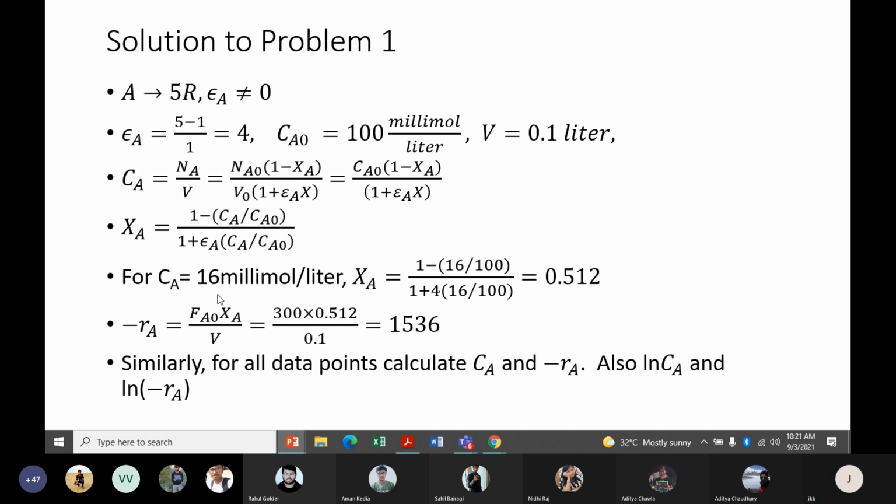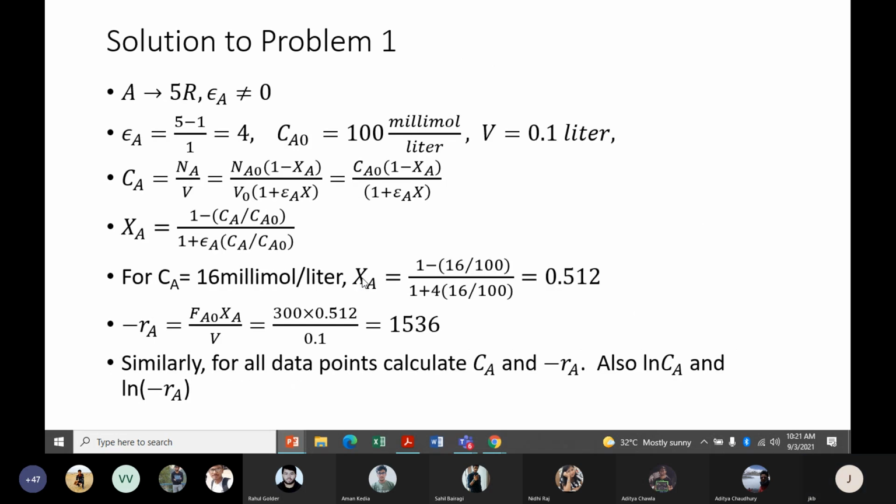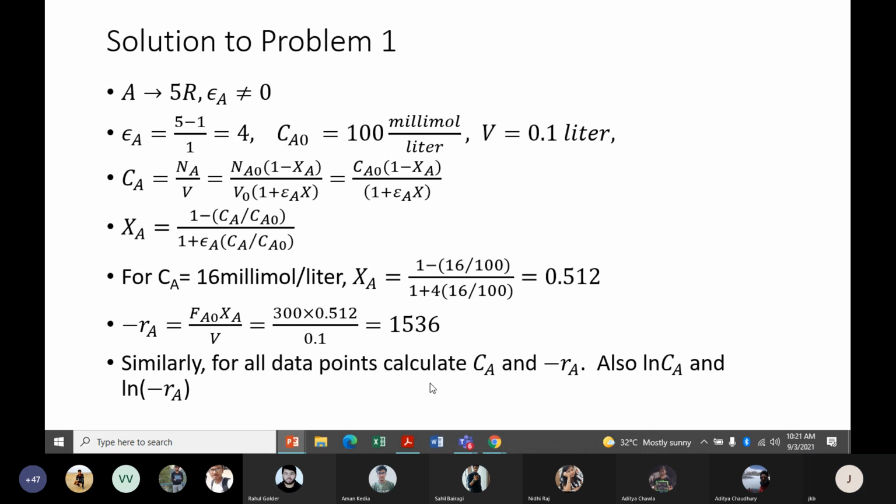CA is this, as per the data given, 16 CA out at the exit and CA0 at the inlet, 300 millimole per hour. So 16 millimole per liter. And then what is XA? CA0 is also given, you just check again. CA0, 100 millimole per liter. So all data should be converted in terms of conversion.